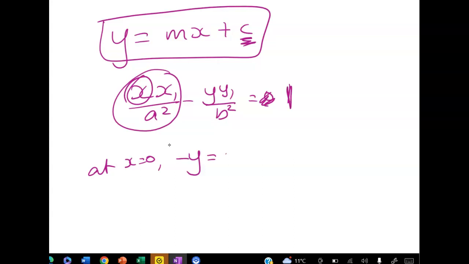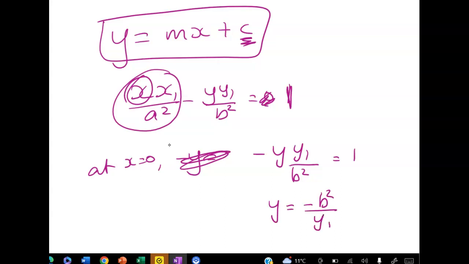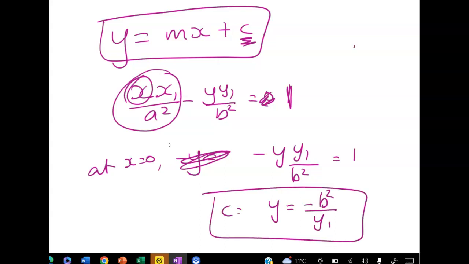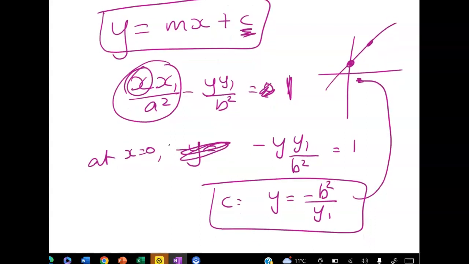Negative y times y1 over b squared has to equal 1, which gives me y is equal to negative b squared over y1. And that value y is my y-intercept, right? So in this particular case, here's my tangent equation. And at x equals 0, my y value will be that.